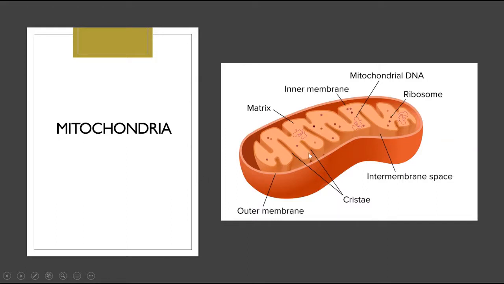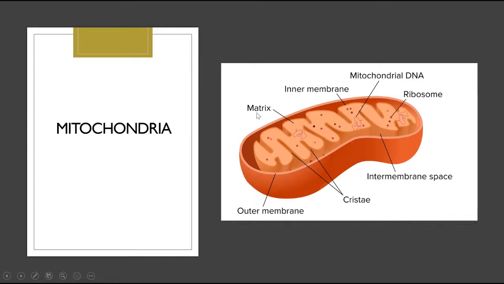Their job is to make a steady supply of the energy molecule. What is the energy molecule? We call it ATP, or adenosine triphosphate. So this ATP is generated using chemical processes, and their fuel is the sugars that we take from the vegetables or the food that we eat.